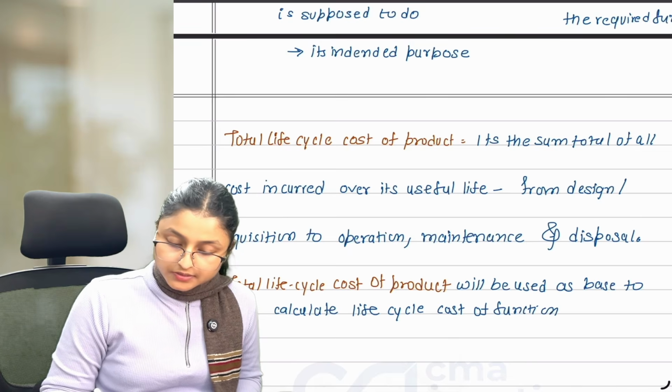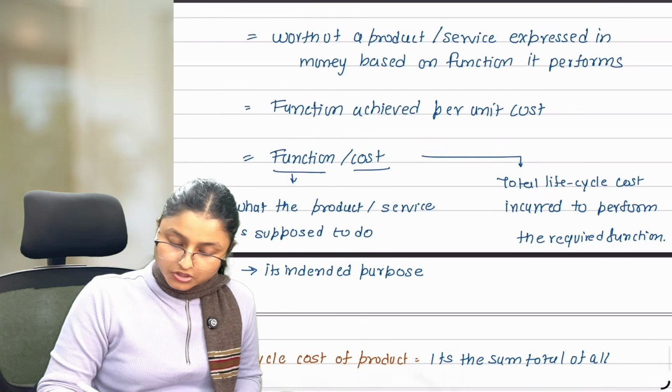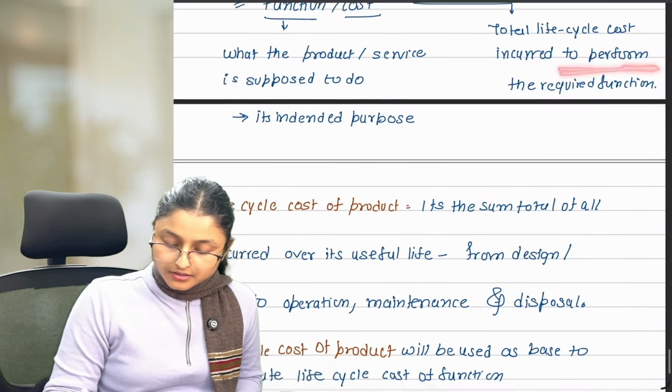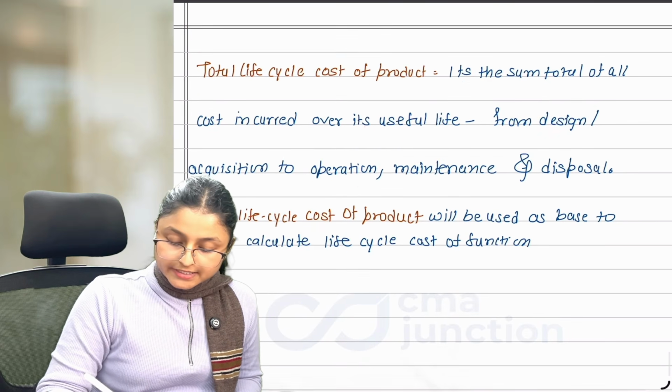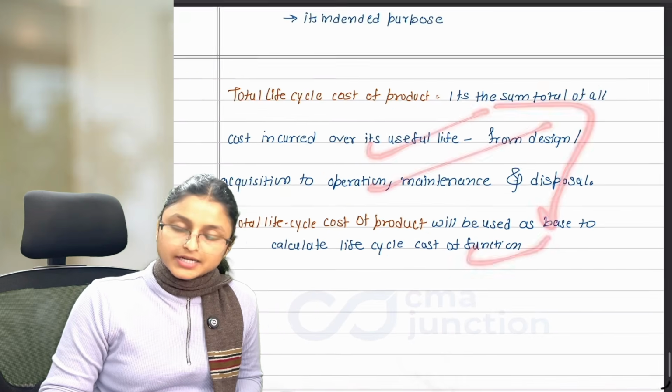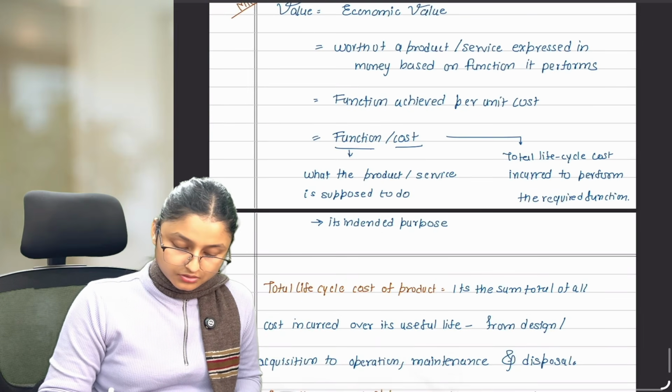If you notice, we need to calculate life cycle cost of each function, right? But we calculated life cycle cost of product. This will be considered as base to calculate life cycle cost of function.